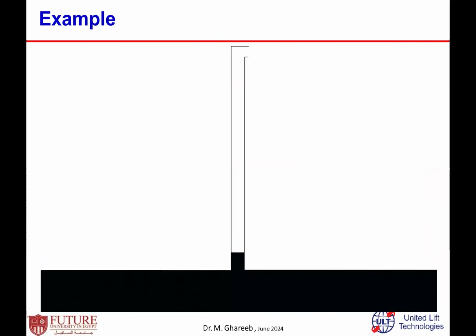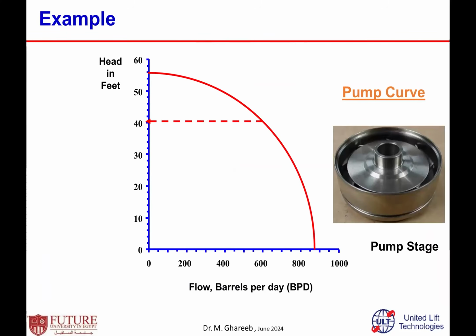Let us assume how we use this performance curve. Assume we have a 1,000 feet well to lift fluid at 600 barrels per day. For one stage, how much fluid will it lift based on this type of stage configuration?